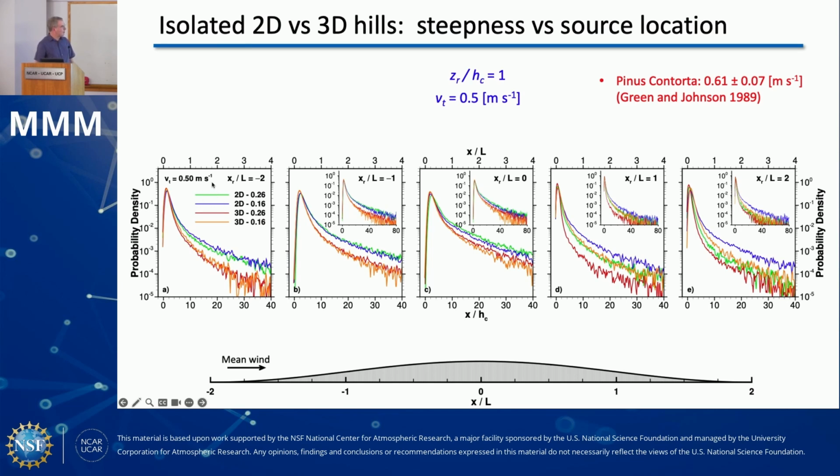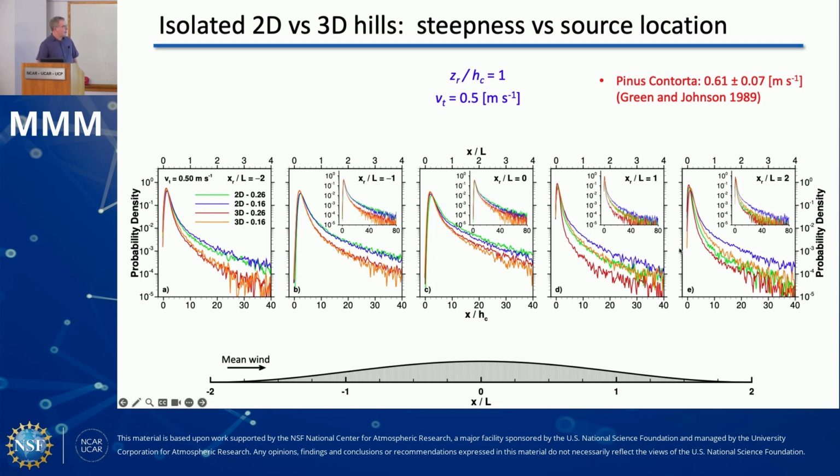The upper two here, the green and the blue, are the 2D hill cases, and the red and the orange are the 3D hill cases for the two different steepnesses. Clearly, on the upwind side of the hill, it's the releases on the 2D hills that travel the furthest, so the ones that have the highest likelihood of long-distance dispersal. But as you reach the top of the hill, these converge, not completely, but there's less distinction between the greens and the blues and the reds and the oranges.